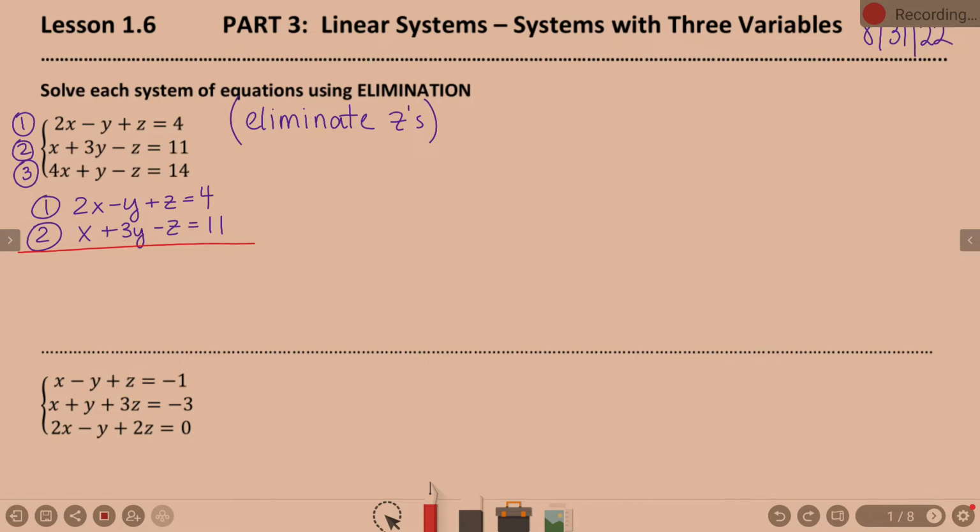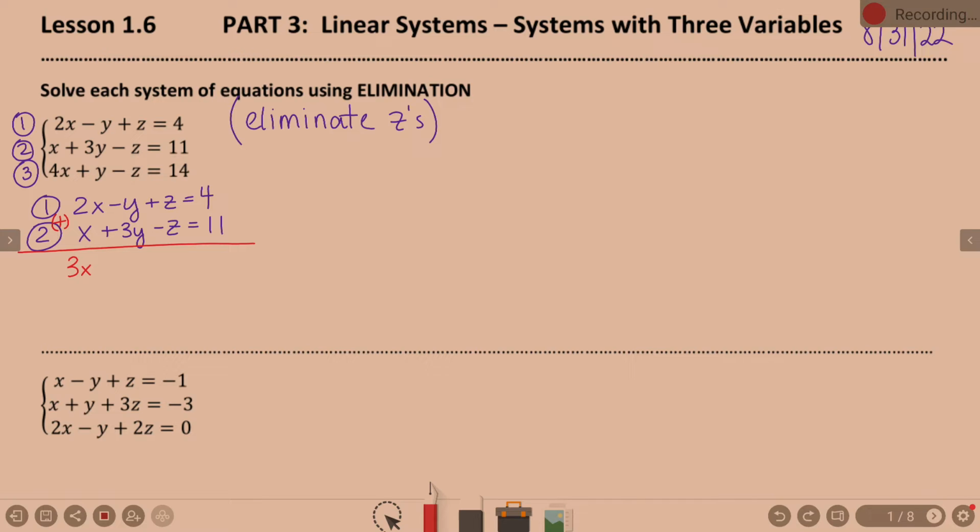My z's are already opposite signs. So since I have a positive z and a negative z, I'm going to add these 2 equations. Now, with that in mind, 2x plus x is 3x.